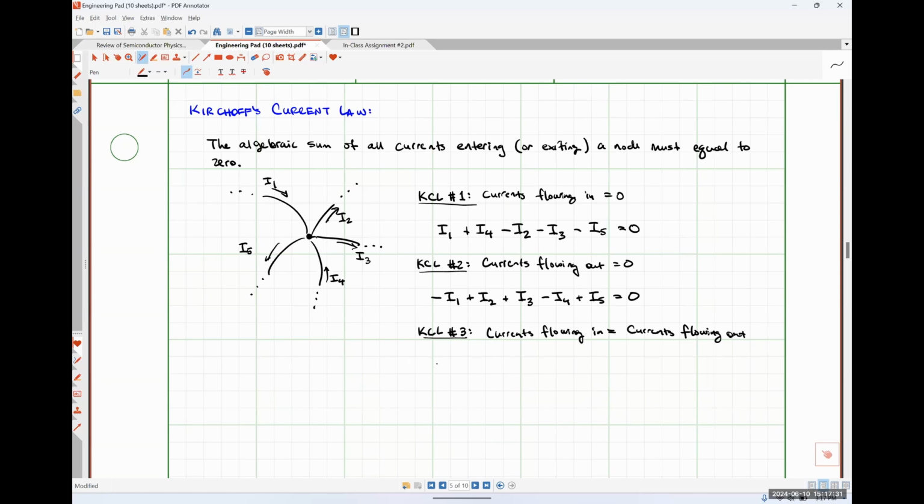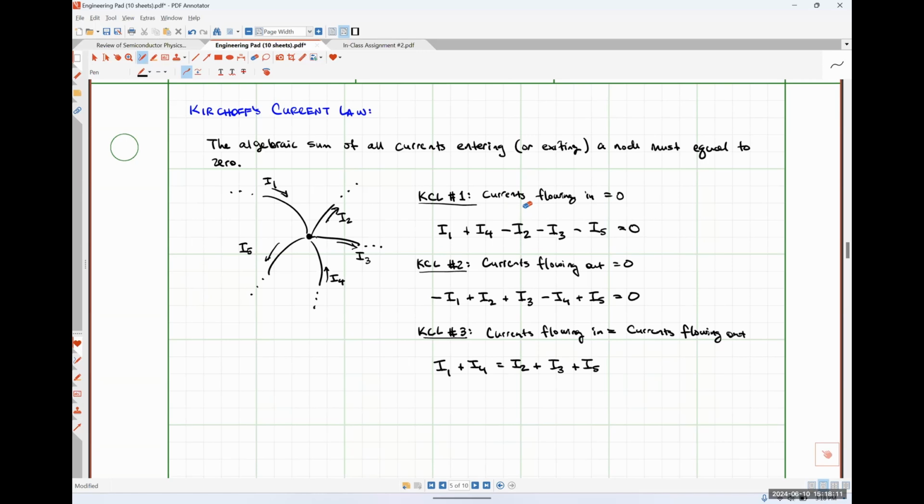So we know that I1 and I4 are flowing in, and we know that I2, I3, and I5 are flowing out. So that's what our KCL equation would look like. And this equation is literally nothing more than this equation right here, except all of these terms, I2, I3, and I5, move to the other side of the equal sign. So once again, it's the exact same relationship. It's just looking at it from a slightly different perspective. Okay.